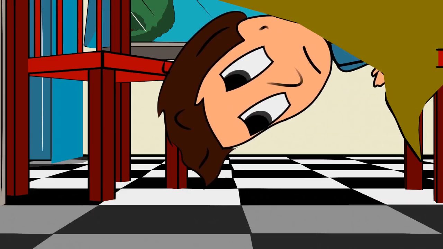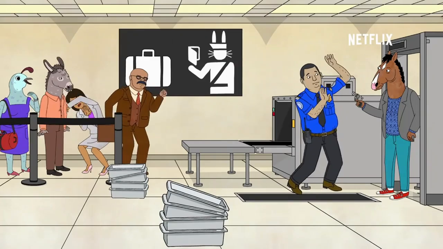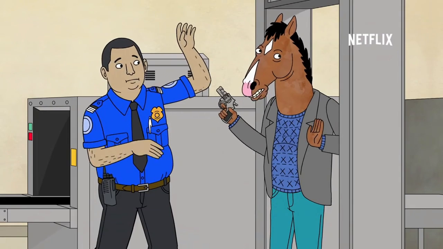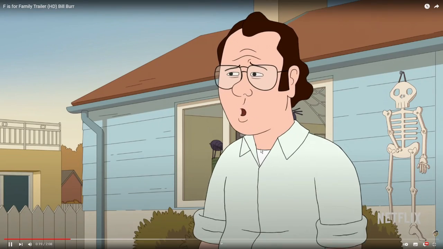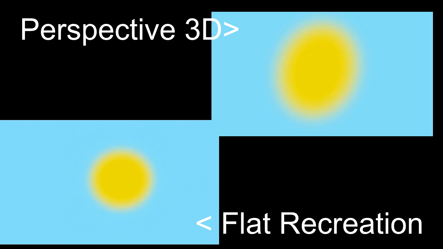I should start by saying this will apply to animators looking to recreate the traditional 2D animation style, the cutout style that you'll see in animations like BoJack Horseman, The Simpsons, Rick and Morty, Futurama, American Dad, Family Guy, and so on. The mistakes and examples I'm about to show you are from my own work when I first started experimenting with grease pencil.